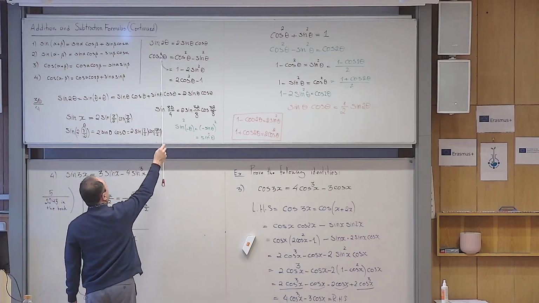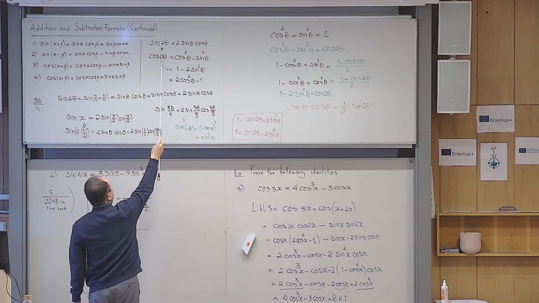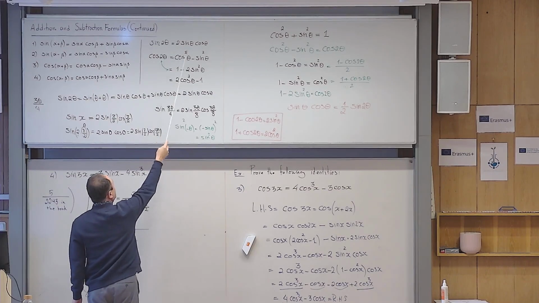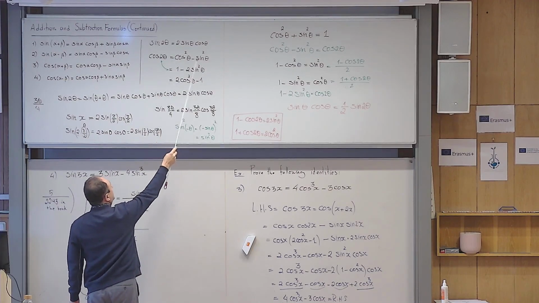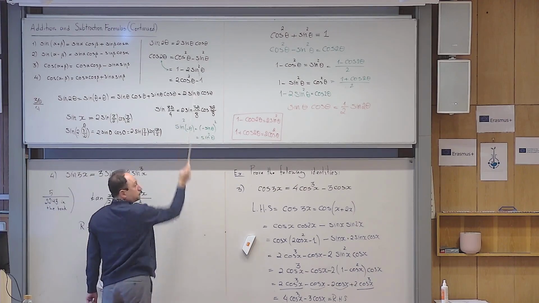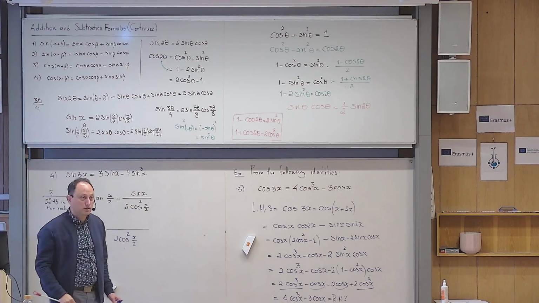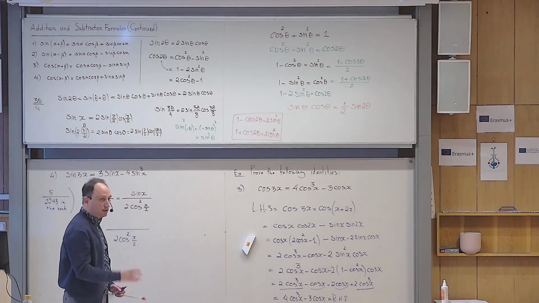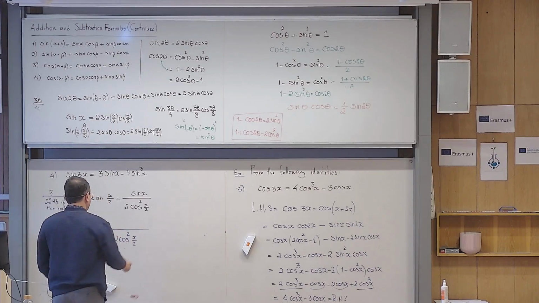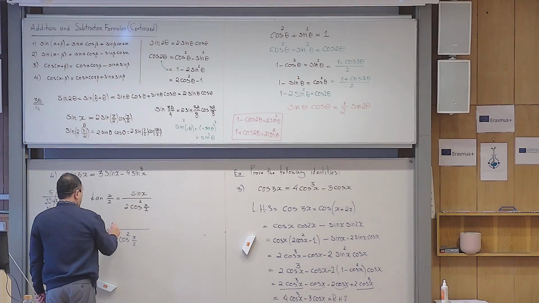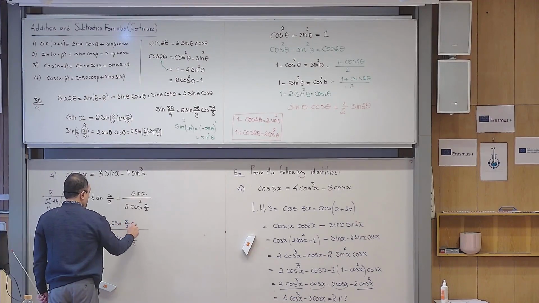But then you need to realize yourself that you can change theta to x, but the price that you have to pay is to write x over 2 here. This you need to understand yourself, okay? Is that understandable? So here, I would say this becomes 2 sine x over 2 cosine x over 2.